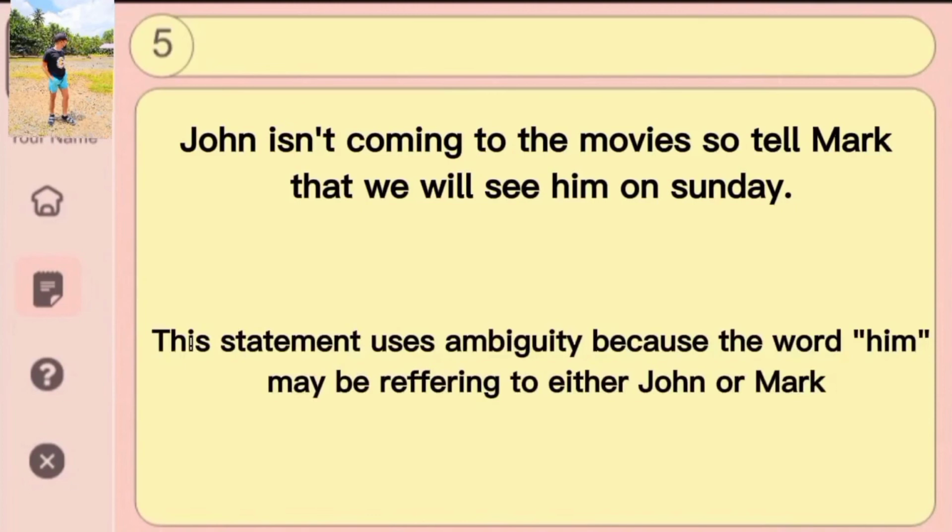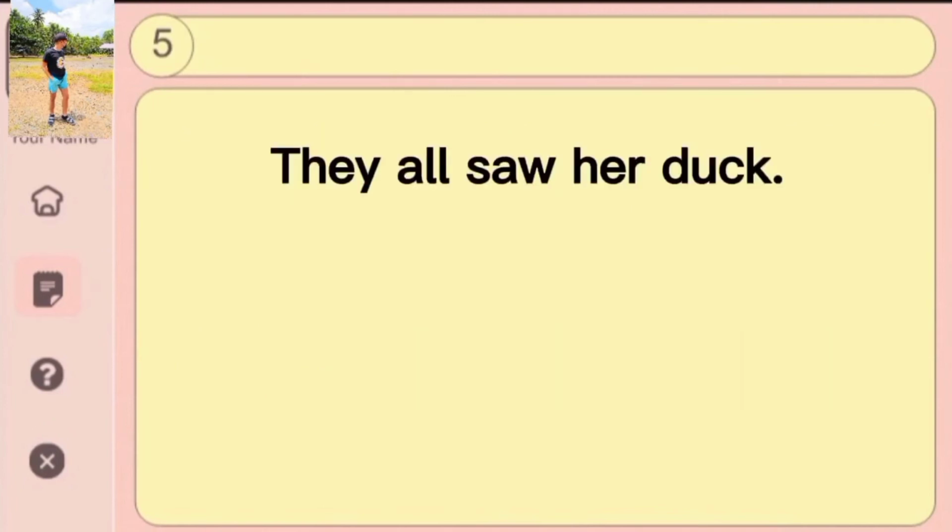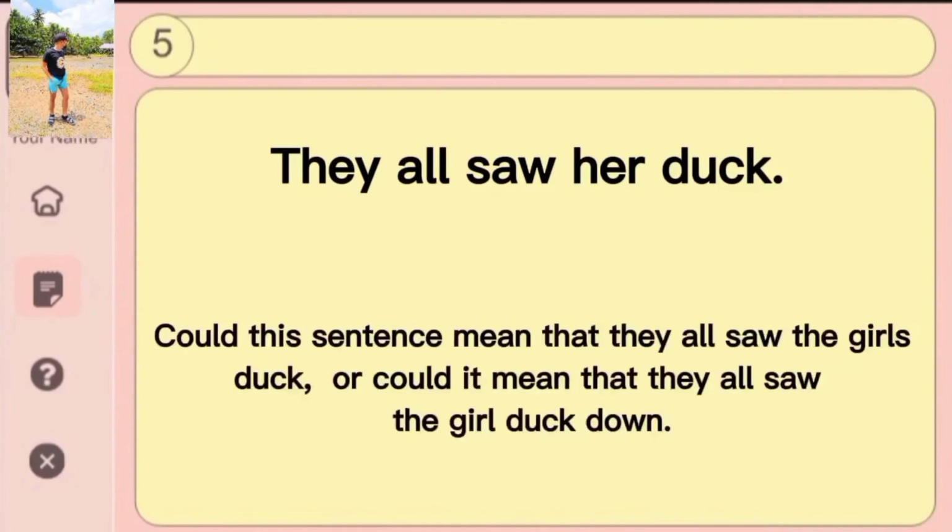This statement uses ambiguity because the word him may be referring to either John or Mark. And the last sentence, they also heard the girl duck. Could the sentence mean that they also heard the girl duck, or could it mean that they also heard the girl duck down?